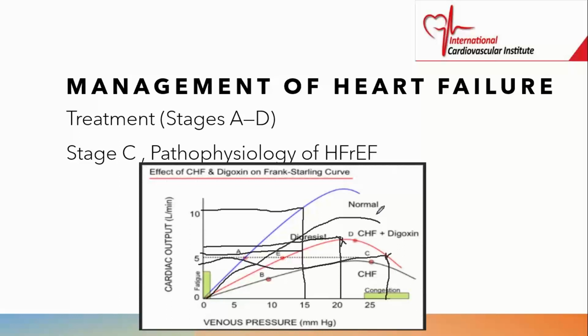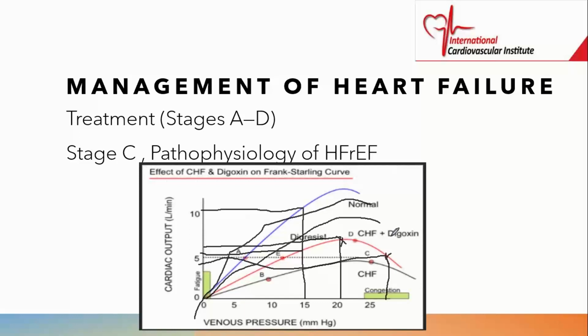So the resistance that the heart has in pumping blood out is what we call the afterload. So if you give them something to reduce the afterload, you will now move the curve even further closer to the normal curve, okay? And hence you get much greater output.